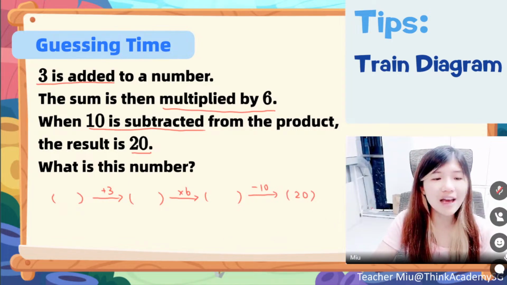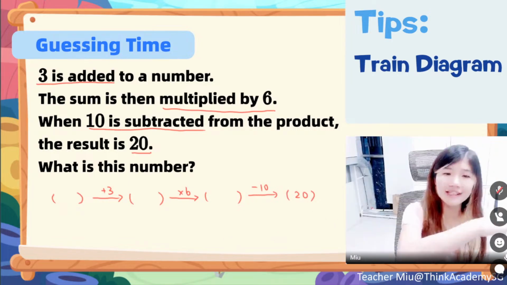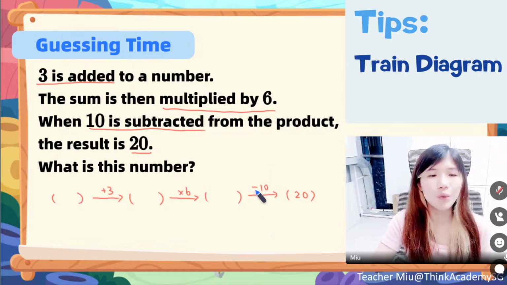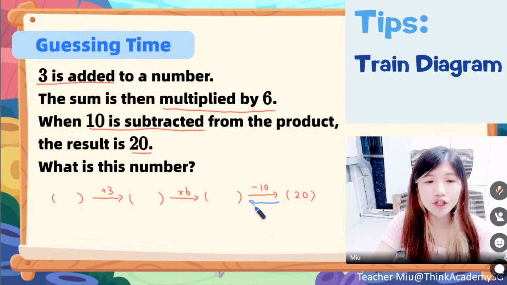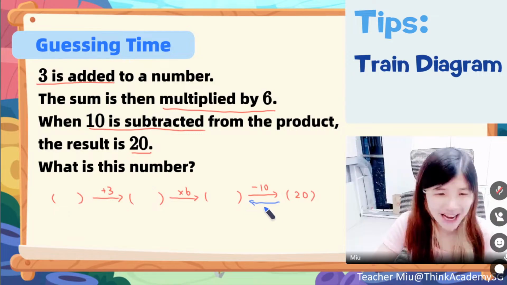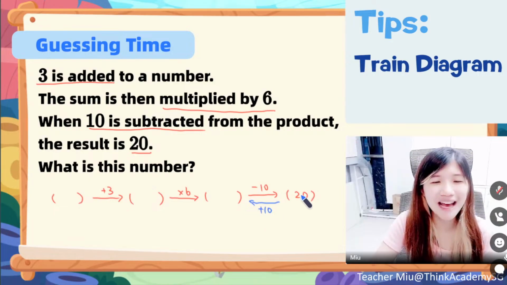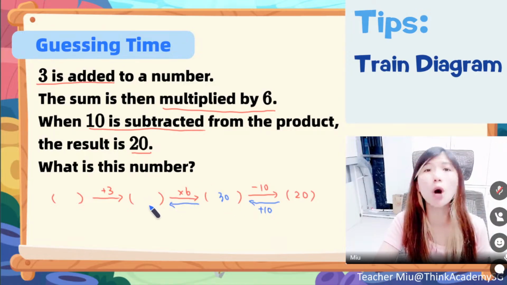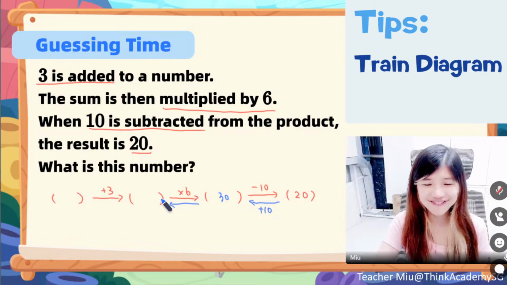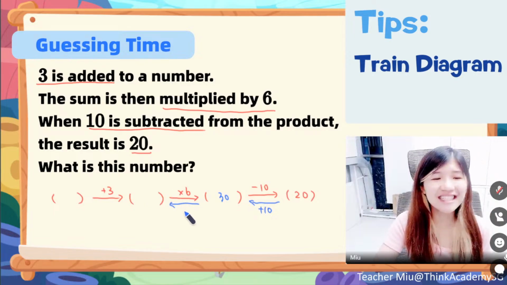But don't forget that we need to go all the way backwards to find out, which means when you minus 10, going backward you should plus 10. Good. So when we do plus 10, you will find it is 30. Then it was multiplied by 6, so going backwards, what should you do? You should divide 30 by 6 to find out that it was 5 at first.